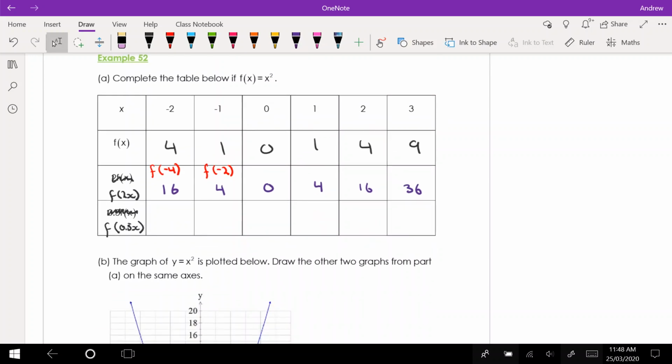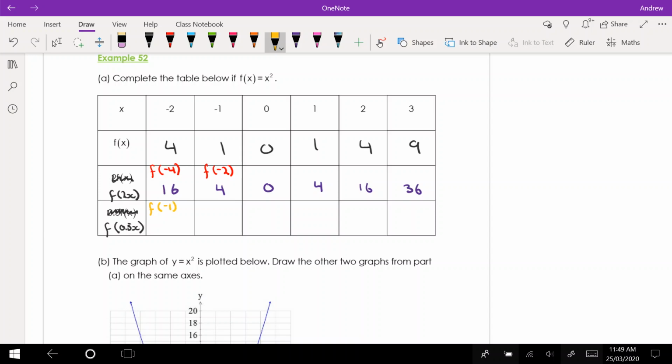Now, what if I'm doing a half? So I'm now going to figure out the value of the function at a half. So if I put negative 2 into 0.5x, what is going to be left over? Negative 1.